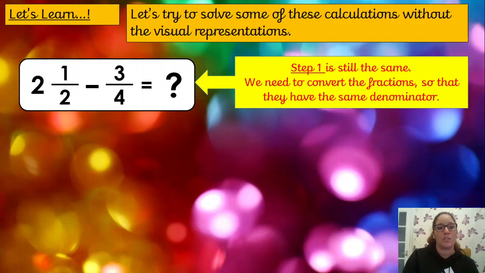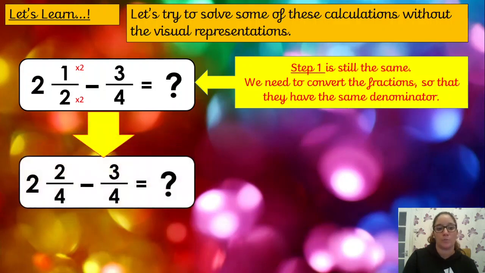We've got these 2 fractions. How are we going to get to 4? We're going to times the 2 by 2, so it's got the same denominator, and whatever we do to the denominator, we must do to the numerator. So we're going to times both by 2. So we've now got 2 and 2/4 take away 3/4.